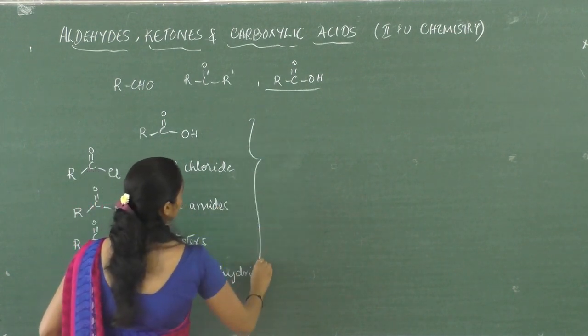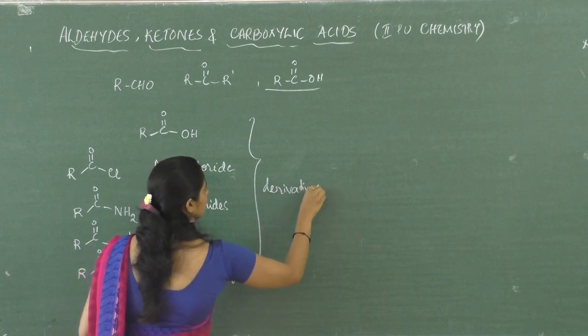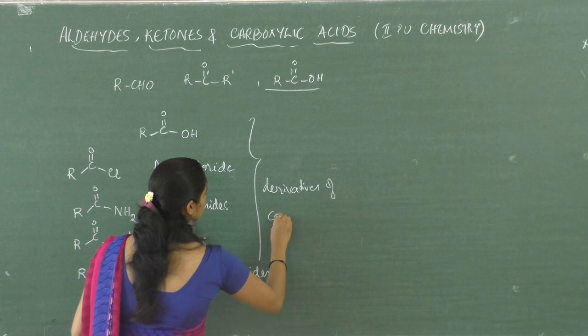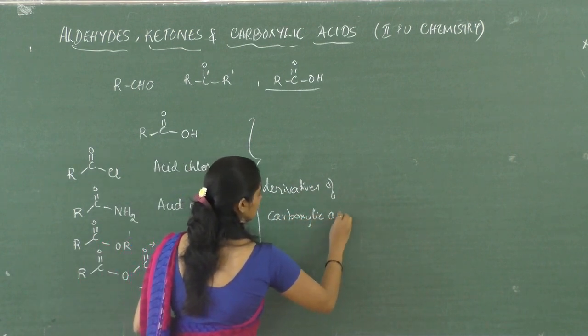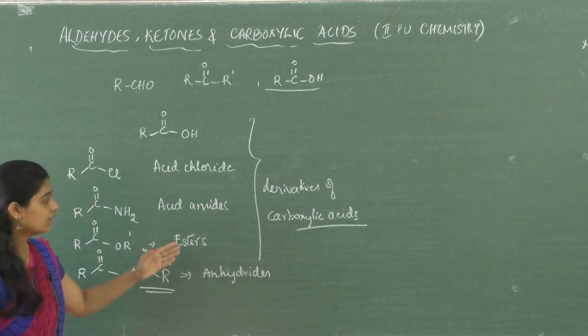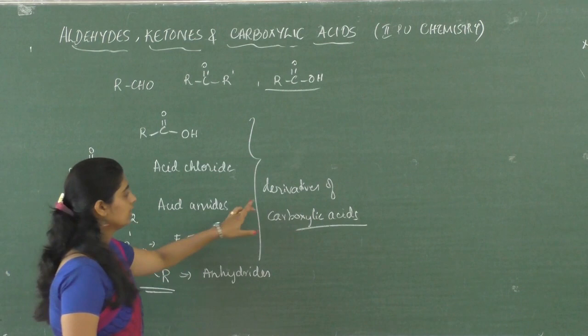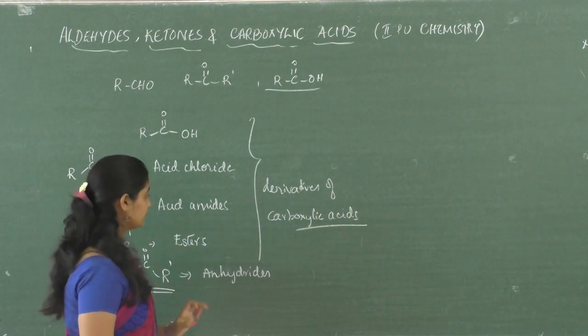Since they are obtained from the carboxylic acid, the names are obtained, so they are called derivatives of carboxylic acids.